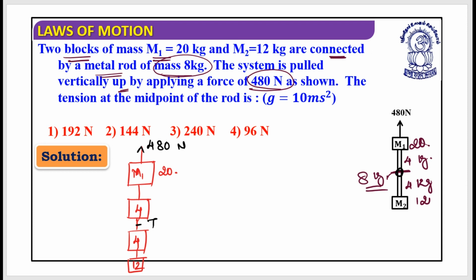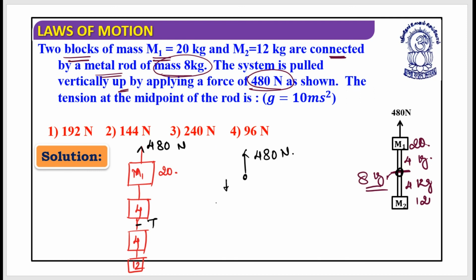So the first and foremost task is to calculate the acceleration of the system. This is the force of 480 Newton. Now what forces are acting in the downward direction?